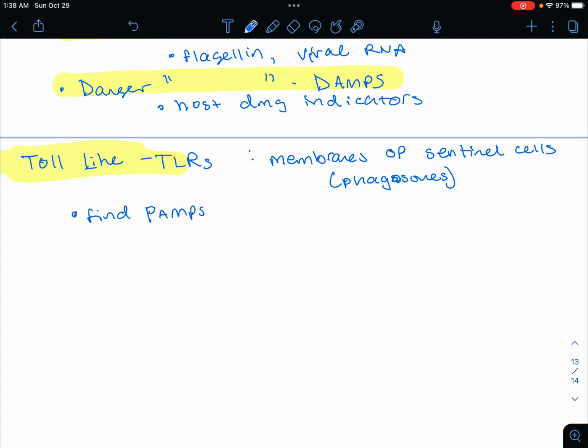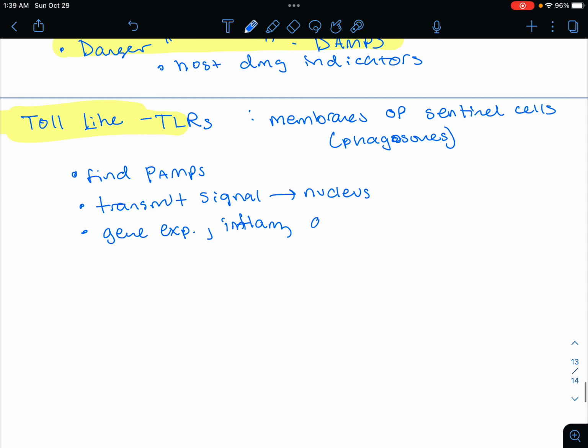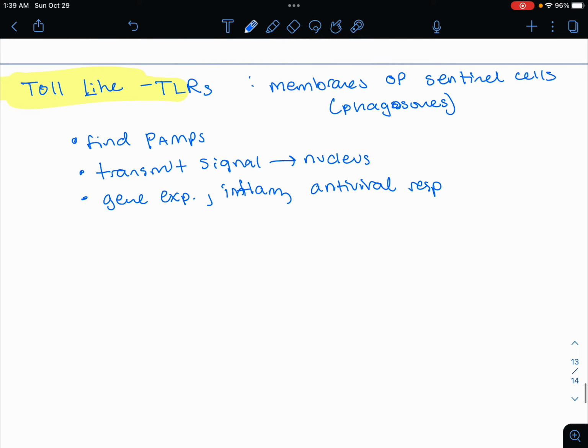Again, that's going to be like the cell wall components, lipopolysaccharides, etc. Next, they're going to then transmit a signal to the nucleus. Once that signal is sent to the nucleus, this is going to be creating gene expression. We could also have the inflammatory response or the antiviral response too.